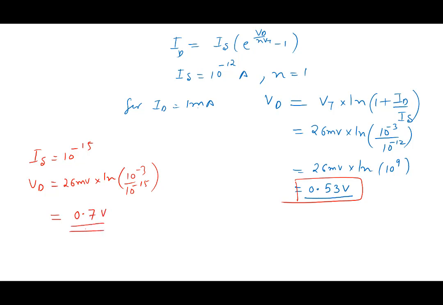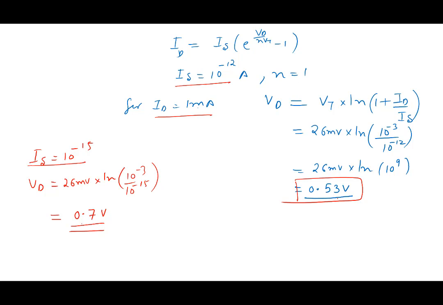So now let's make a circuit like that. So 0.7 volt. Do you see that depending on the nature of the diode, I'll have different voltages for the same current, 1 milliampere flowing? In one case, if IS is 10 power minus 12, the voltage across the diode is 0.53. In another case, if IS is 10 power minus 15, the voltage across is 0.7.